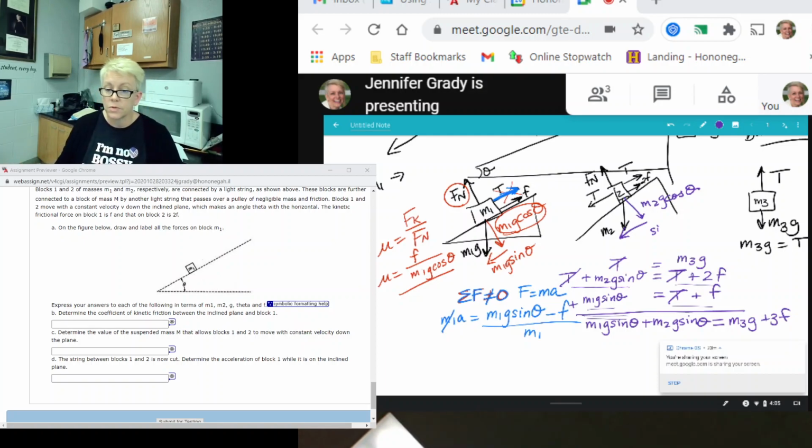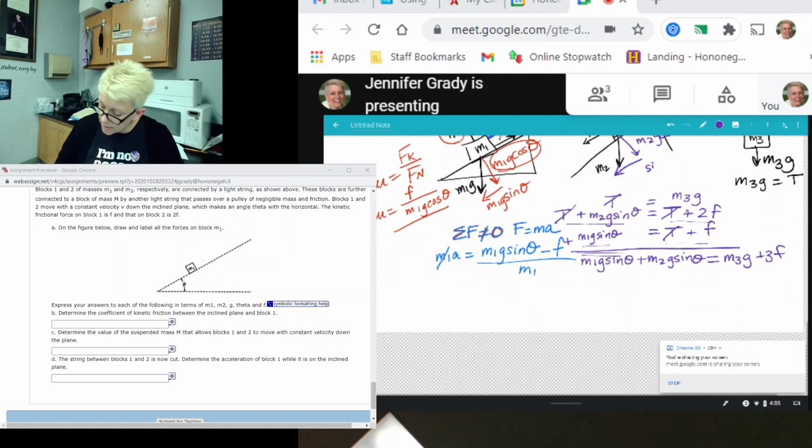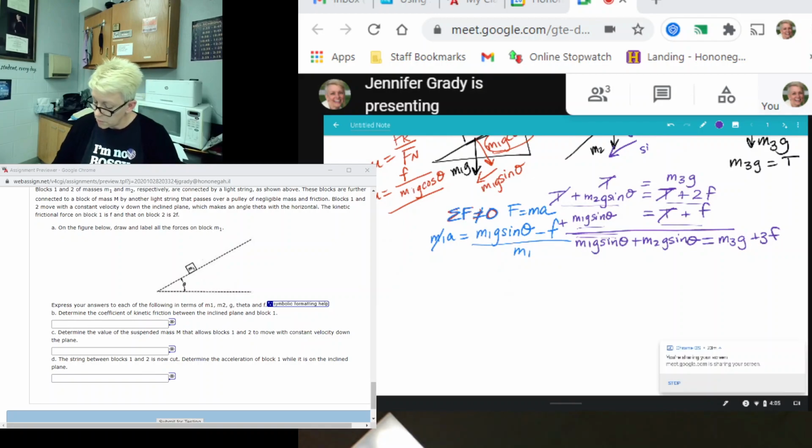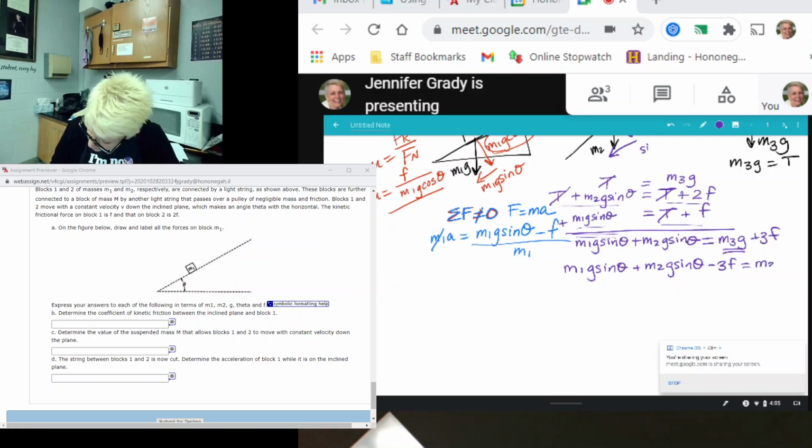What's going on? I don't even remember what we're solving for anymore. Oh, we're solving for M3. I mean, we're calling it big M, but that's basically what we're solving. So this is what we want. We want to isolate M3. So I'm going to move 3F over there. It's M1g sine theta plus M2g sine theta minus 3F equals M3g.